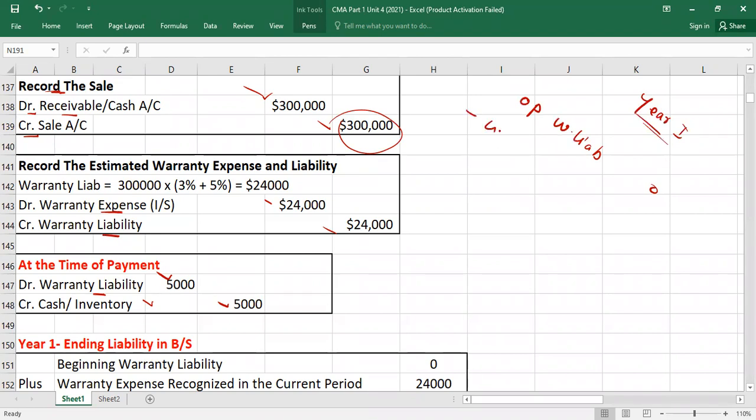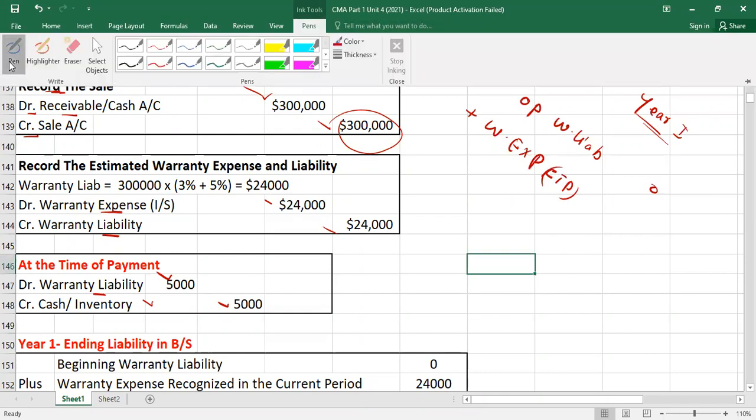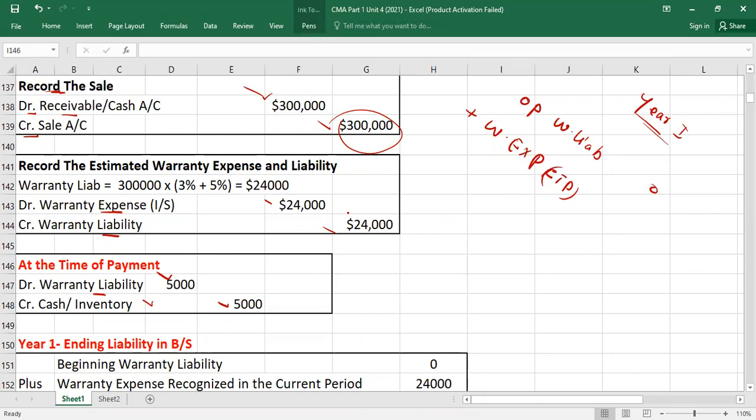Then you will add here what? Warranty expense for the period. Okay, I hope it is clear. Warranty expense for the period. How much is the warranty expense for the period? We have booked here 24,000. Our liability 24,000.